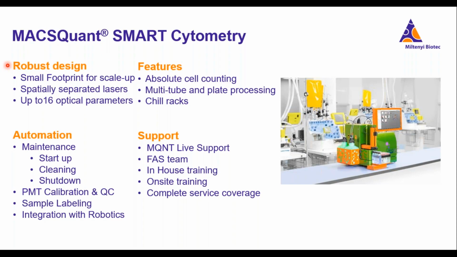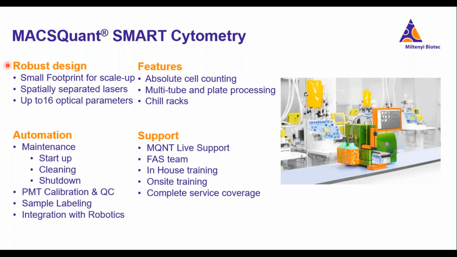As you start in R&D, scale up for process development and clinical operations, and move into commercial operations, you will want an instrument with a footprint that gives you the ability to scale up and maximize the number of instruments in a given amount of space, saving costs and increasing efficiency.